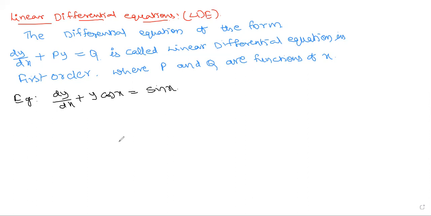Here cos x is p of x and sin x is q of x. So dy by dx plus y cos x is equals to sin x is a linear differential equation.